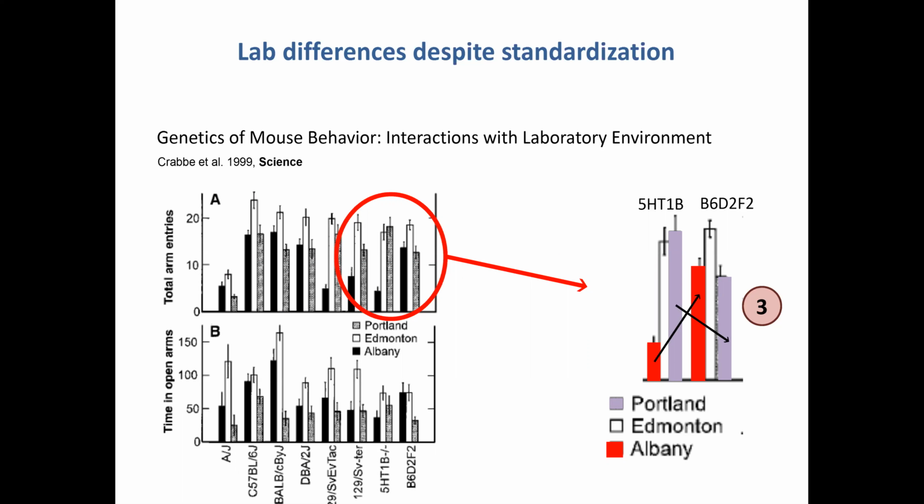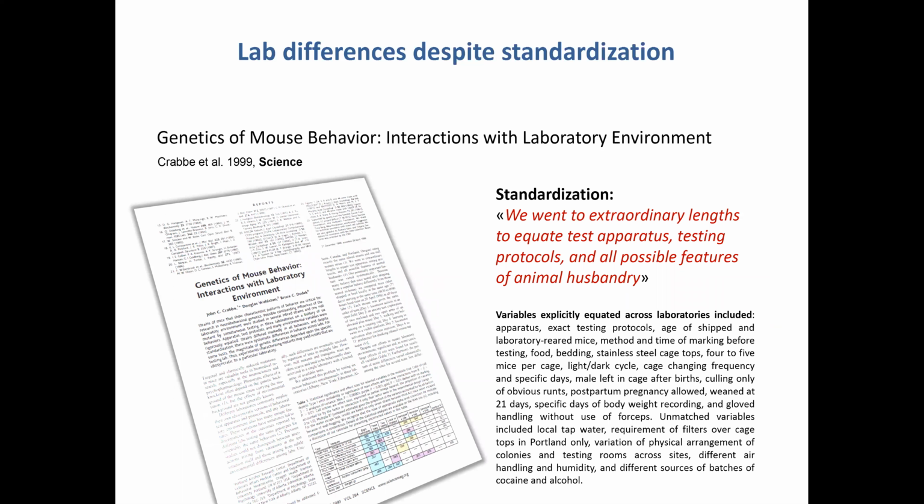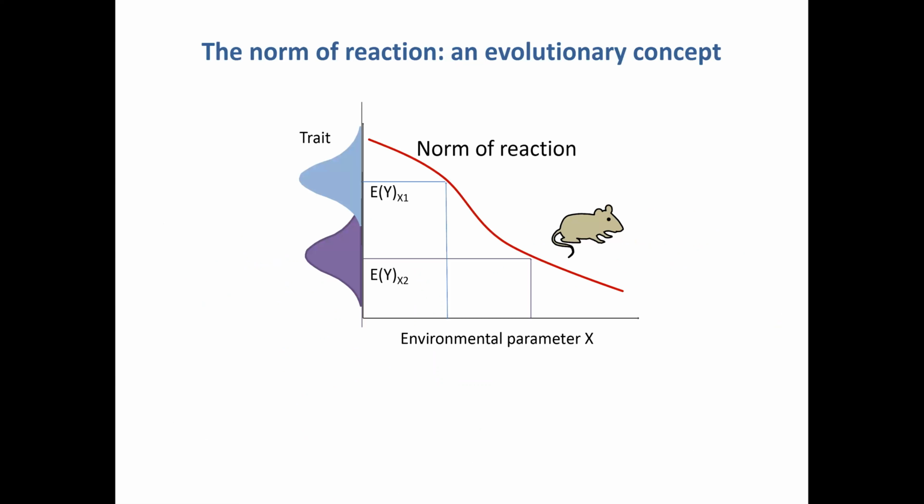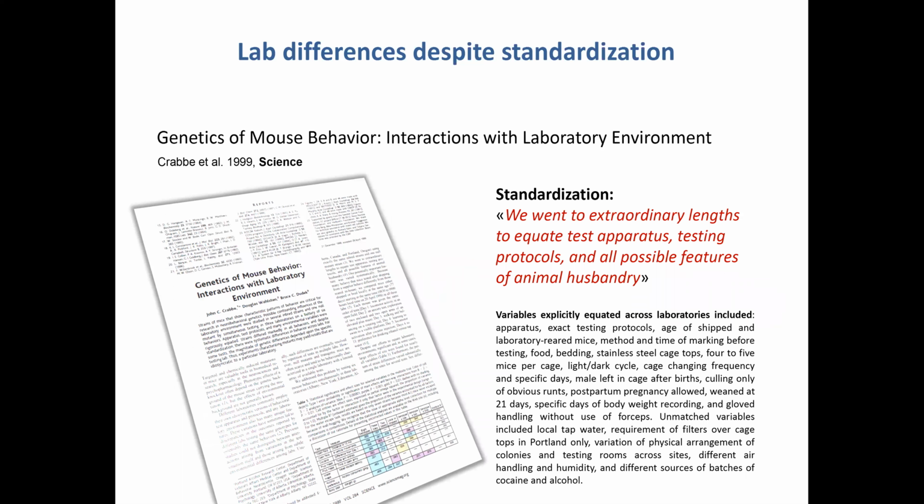So that's a classical case of a lab by strain interaction. So we have all these 3 things. We have genetic differences, but we also have lab-specific differences, and we have lab by strain interaction. And we have them despite the authors' aims to equate all aspects of the procedure, despite their standardization attempts.